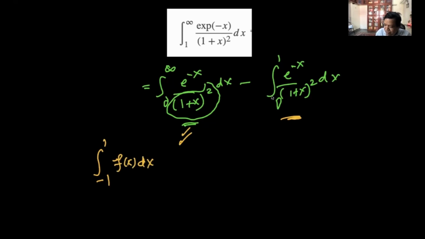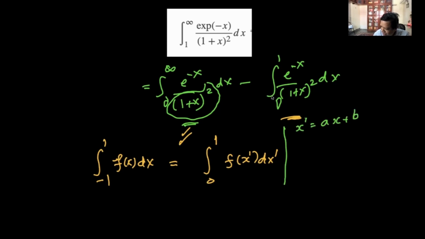Now, if I want to change the limit to 0 to 1, I need a change of variable. So I want to rewrite this as f(x') dx' from 0 to 1. For this, what do I need to do? I write x' equal to ax plus b.